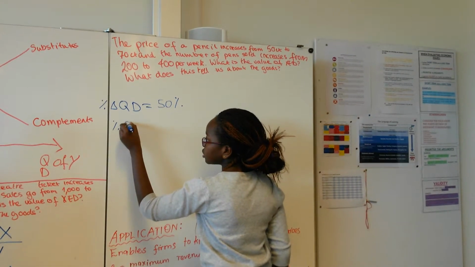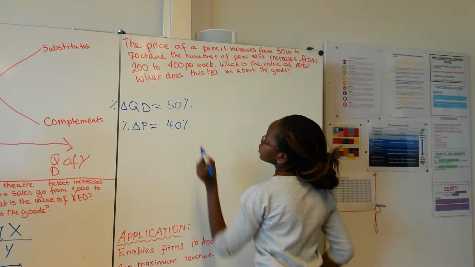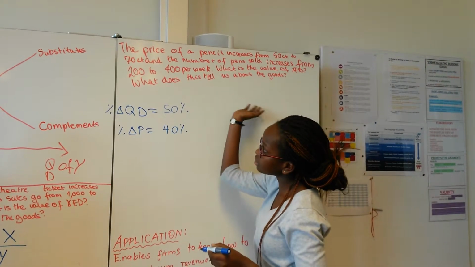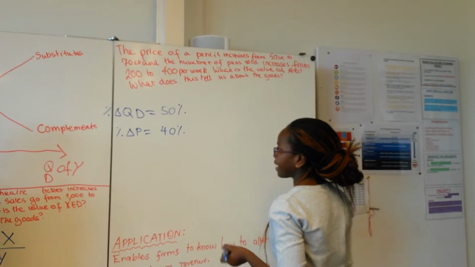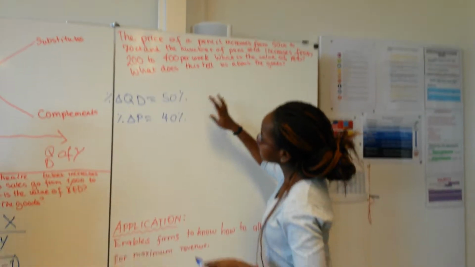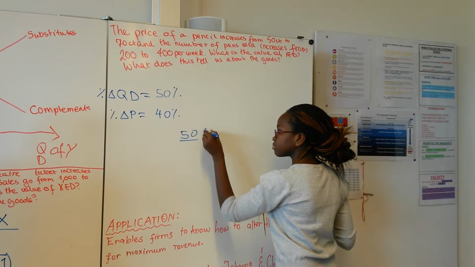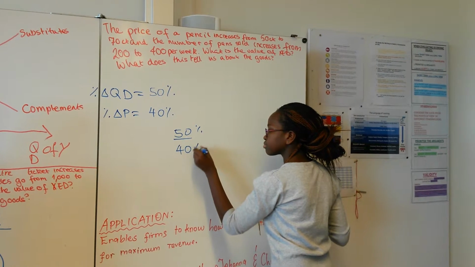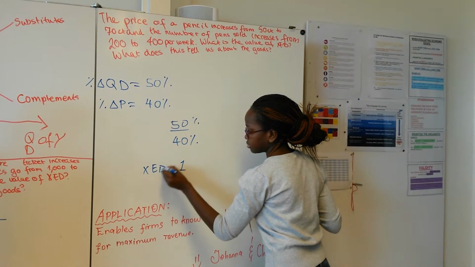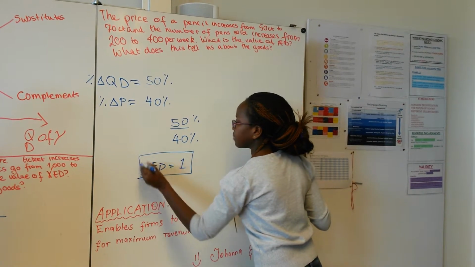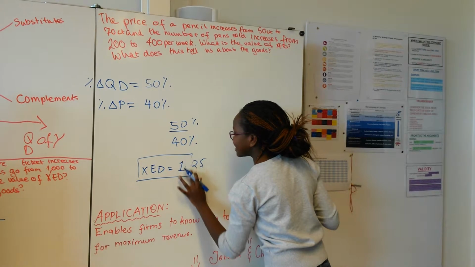And the percentage change in price is 40%. So you basically just take the final minus the initial over the initial, multiplied by 100. So 50% over 40%, according to the formula, you get XED equals 1.25. Is this right, Johanna?